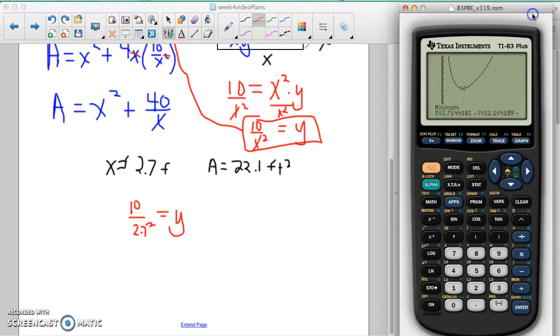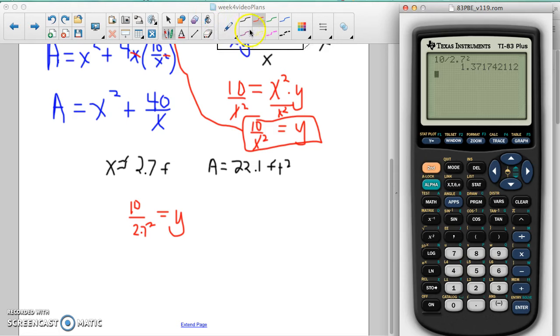Alright, so I'd go over here to my calculator, go back to quit, and use 10 divided by 2.7 squared, and I would get approximately 1.4 for y.